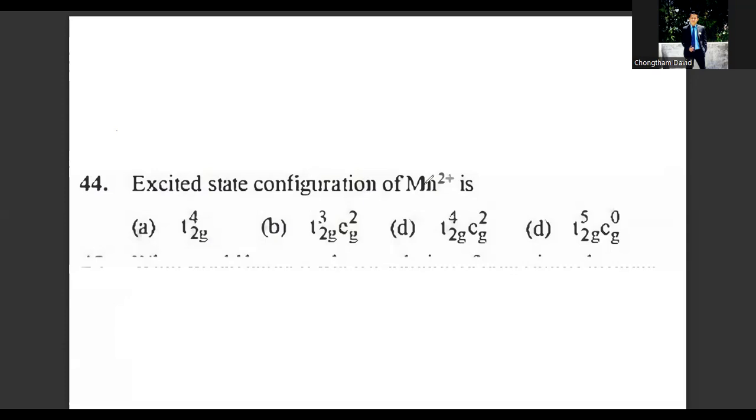By obeying Hund's rule of maximum multiplicity, the excited state configuration would be t2g with 3 electrons and eg with 2 electrons. So in total 5 electrons, right? So manganese 2+ would be showing t2g3 eg2. 44 is D.